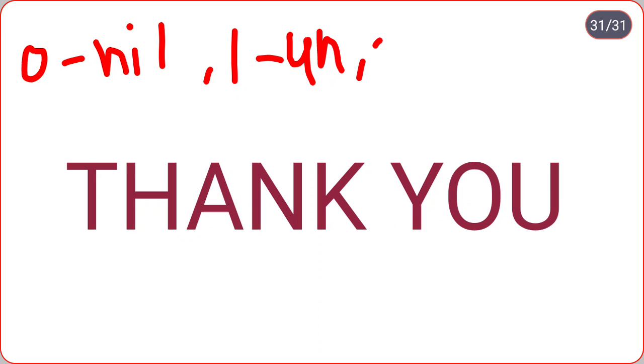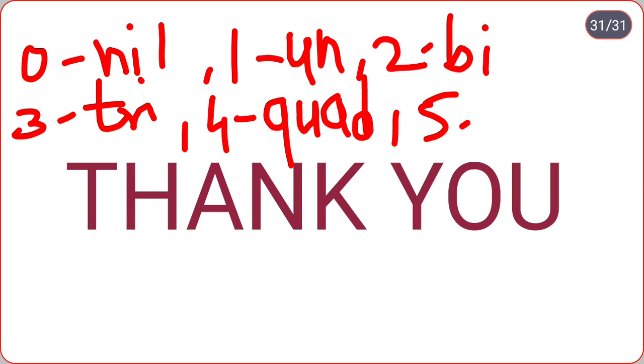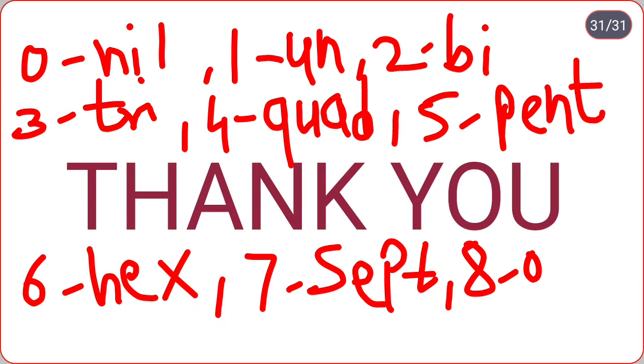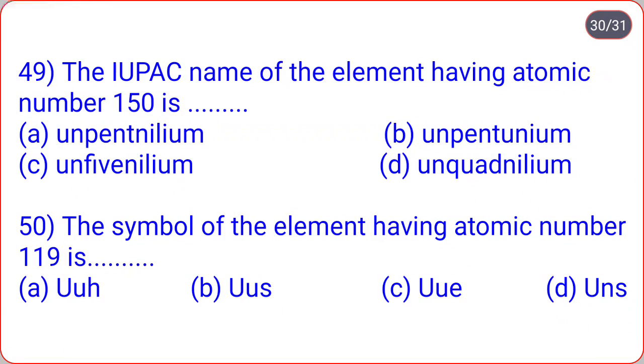For 0 they gave nil, 1 un, 2 bi, 3 tri, 4 quad, 5 pent, 6 hex, 7 sept, 8 oct, and 9 en. The question asks the IUPAC name of the element having atomic number 150.